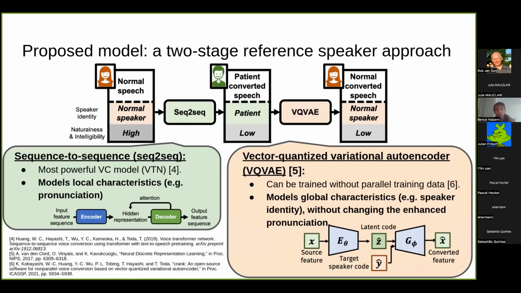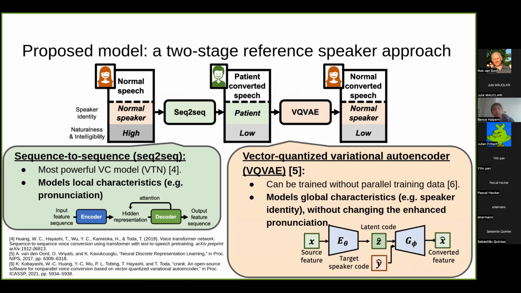So therefore, in our most recent work, we have thought about combining these two approaches in a way that we can get around the requirement for a voice bank, the requirement to have utterances for the approach.